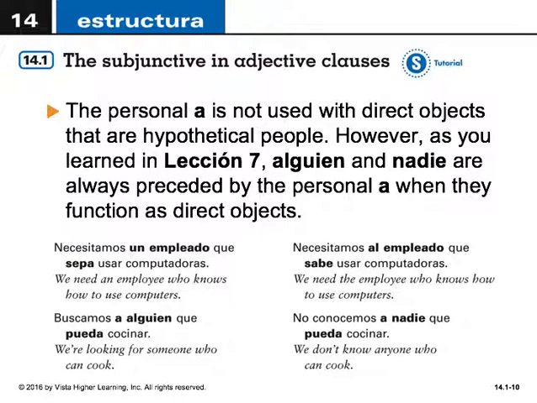For example, necesitamos un empleado que sepa usar computadoras. We need just some employee that may know how to use computers. However, as you learned in Lección 7, alguien and nadie are always preceded by the personal a when they function as direct objects. Por ejemplo, buscamos a alguien que pueda cocinar, o no conocemos a nadie que pueda cocinar.